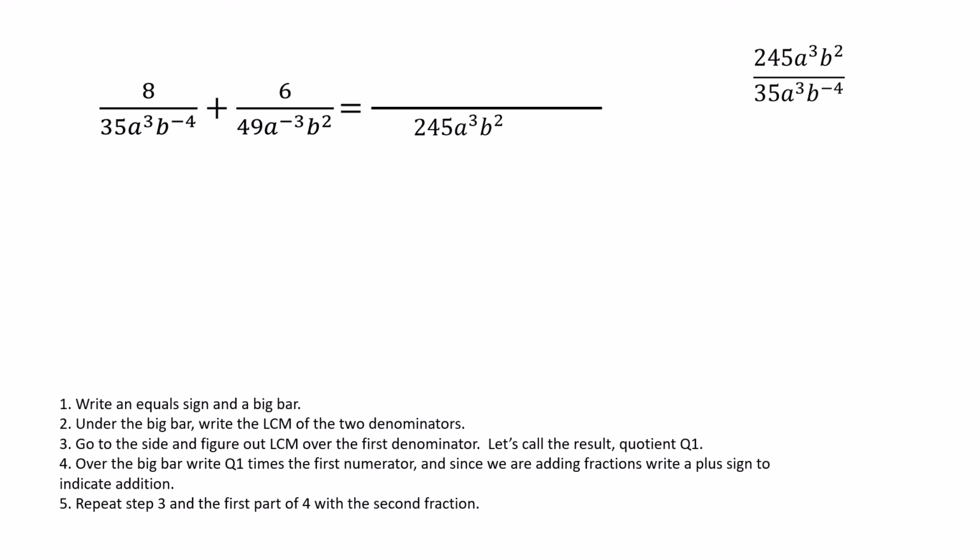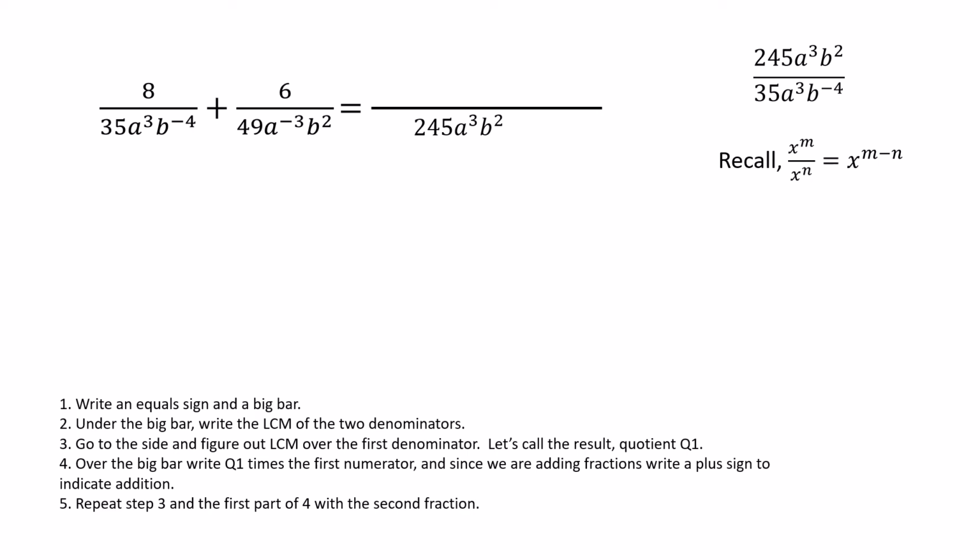Okay? 35 goes into 245 7 times. a cube and a cube cancel. b square over b to the negative 4. What in the world is b square over b to the negative 4? For this, I'm asking you to recall that x to the m over x to the n is x to the m minus n.